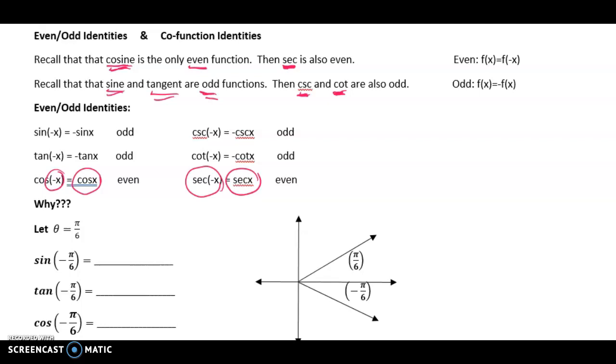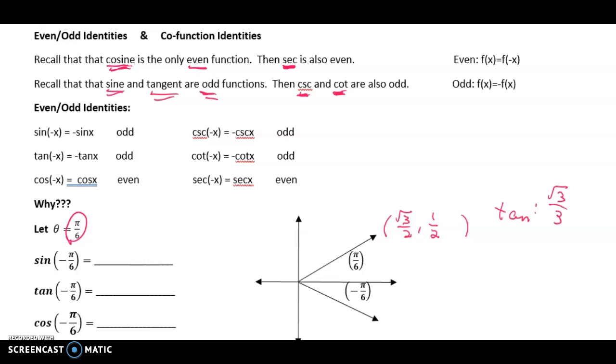Okay, I can show you an example real quickly. Let's talk about pi over 6, which is a 30-degree angle. We know the coordinate for pi over 6 is square root of 3 over 2, 1/2, in the unit circle. And we know that the tangent value is square root of 3 over 3.